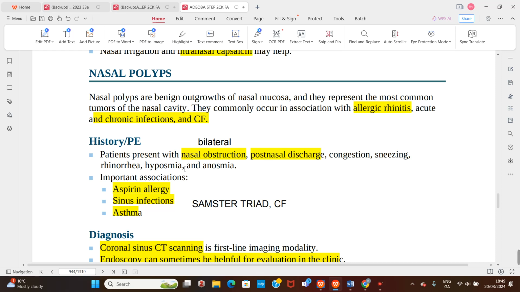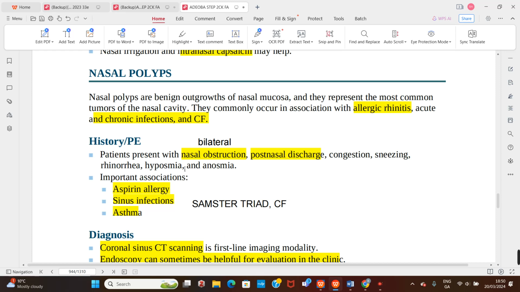One thing about them is that they are usually bilateral. So if you see somebody having a unilateral nasal mass or polyp, it's better you biopsy to rule out malignancy or a papilloma than assume that it's just a benign polyp. Most of the time they are bilateral and they cause bilateral nasal obstruction.